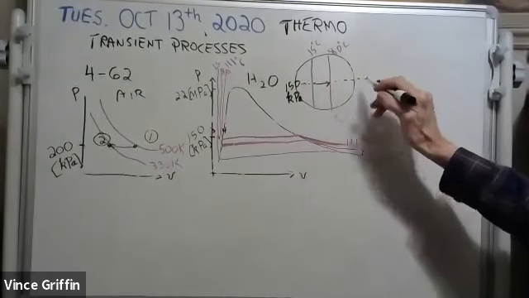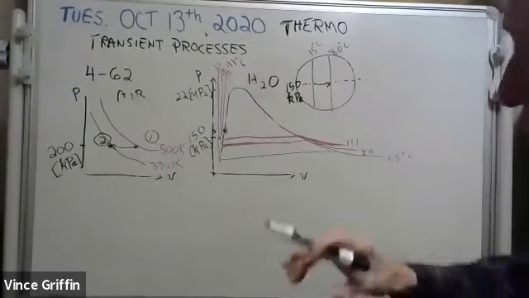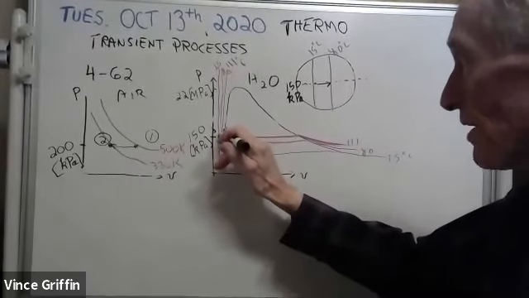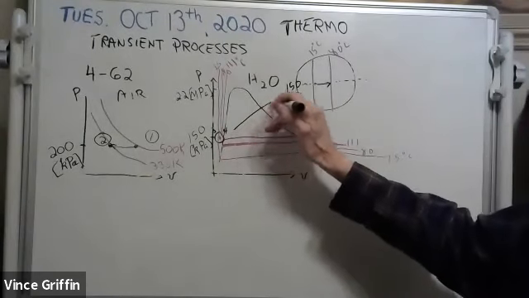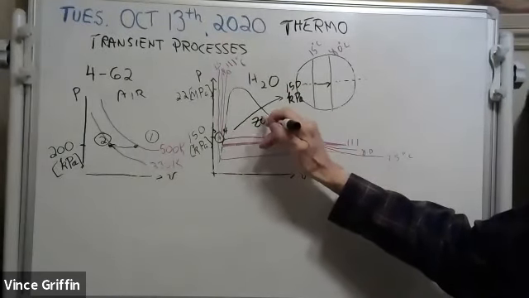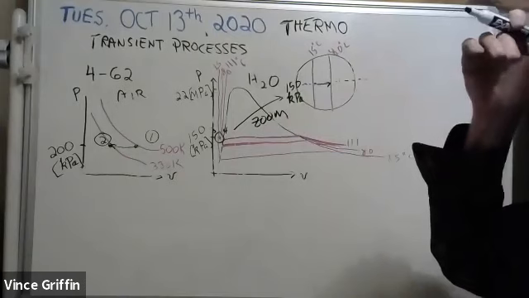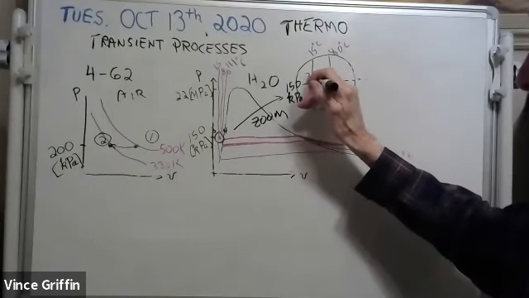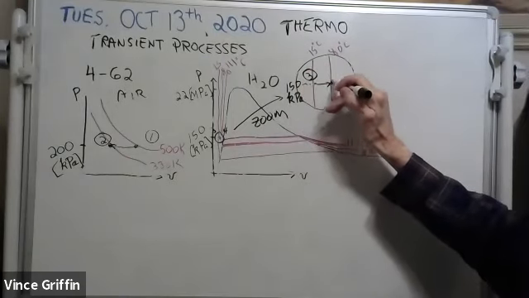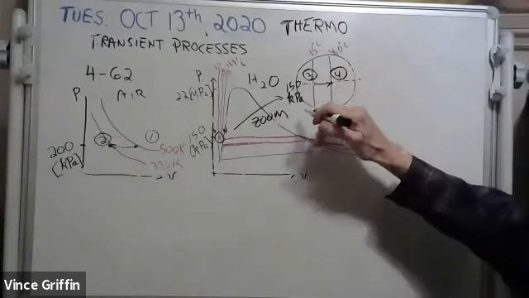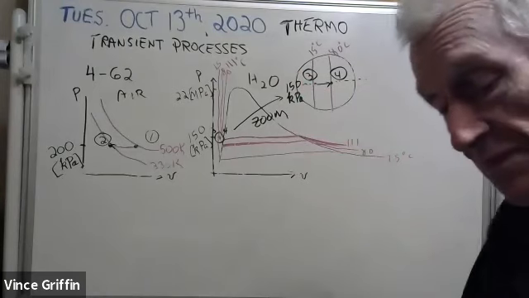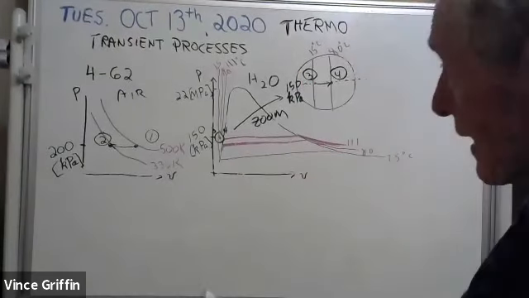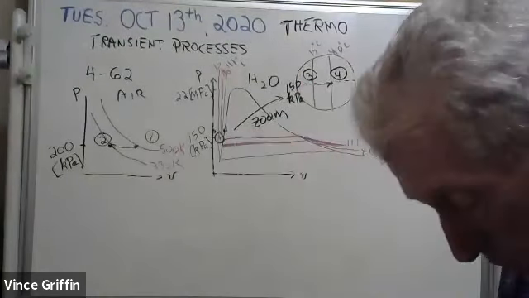There it is right there. We zoomed in. We took our camera and we took a picture in here and we zoomed in. And here's state 3 and here's state 4. And we're going from 15 to 80 degrees Celsius at 150 kilopascals.